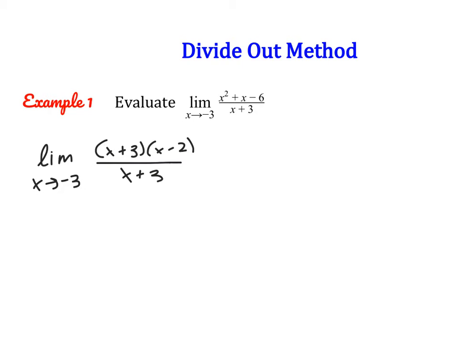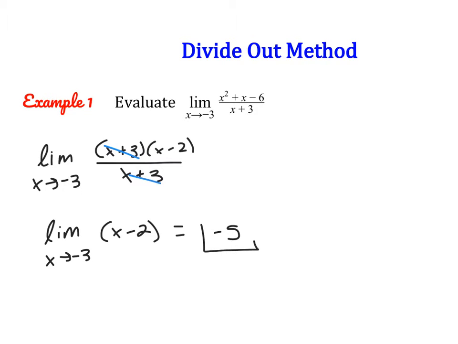And you can see that there is a common factor of x plus 3. So that remaining expression will have the same behavior as x approaches -3. Although it is a different function, it will have that same behavior, and therefore our limit will be the same. So this I can evaluate using direct substitution, and we get -5.